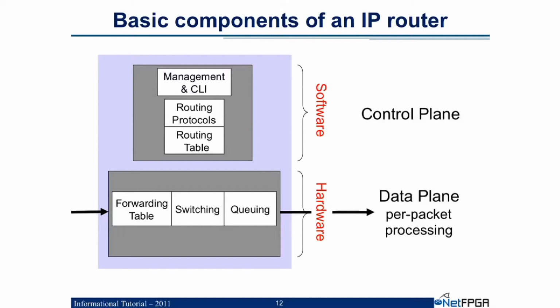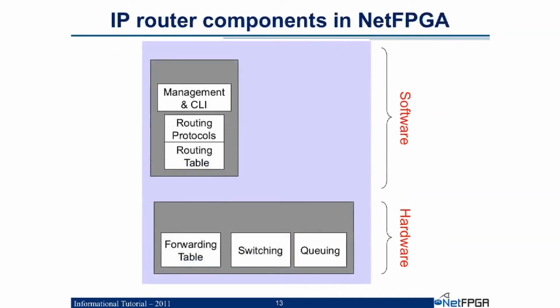The control plane is also generally much more complex, at least from a control flow viewpoint, than the data plane. The control plane is implemented in software because of the timescale and complexity. In the context of the NetFPGA, the data plane is implemented as hardware inside the NetFPGA. The control plane is implemented as software that runs on the host PC.